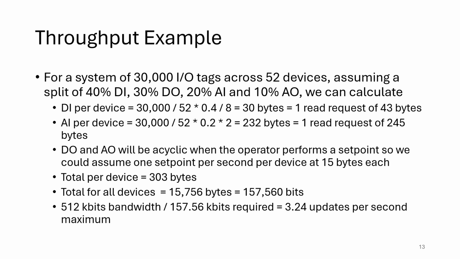For the analogs, we've got a slightly different calculation because there are fewer analogs, but each one takes more data. So now we've got 232 bytes, or effectively a read request of 245 bytes.